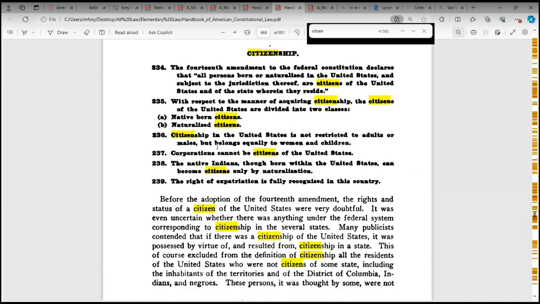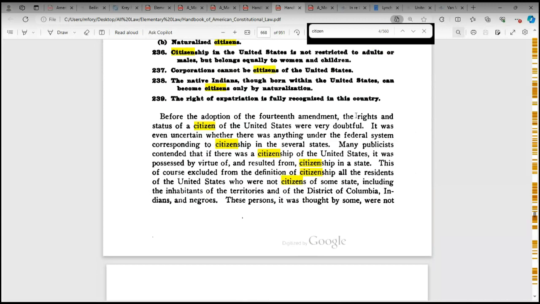These are the bullet points of what I'm about to read. Citizenship in the United States is not restricted to adults and males, but belongs equally to women and children. Corporations cannot be citizens of the United States, and Native Indians, though born within the United States, can become citizens only by naturalization. The right of expatriation is fully recognized in this country.